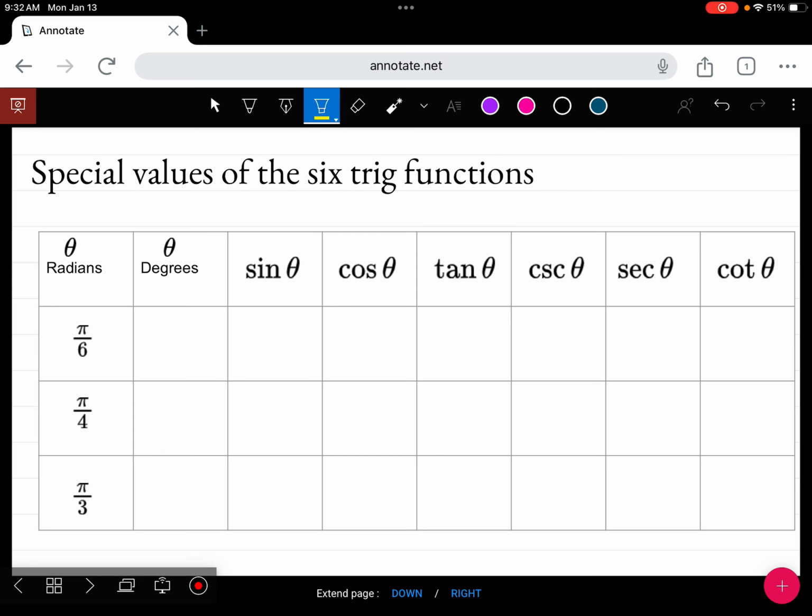It's going to be small. You probably could have drawn it by hand at this point, but I'm just giving it to you so you can fill it in. So we're going to start by looking at these 3 radian angles. So we've got pi over 6, pi over 4, and pi over 3. These are angles we are going to work with bunches and bunches. So the first thing we need to do is figure out what these are in degrees.